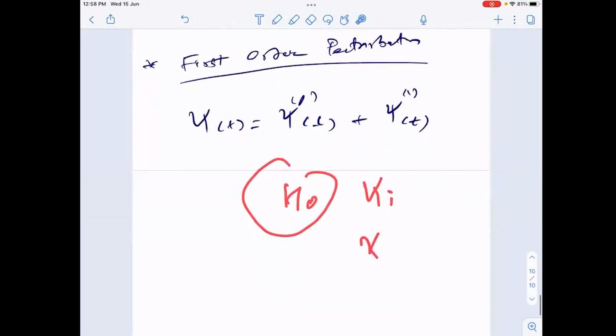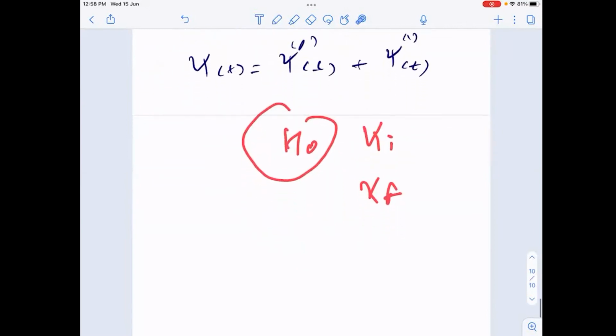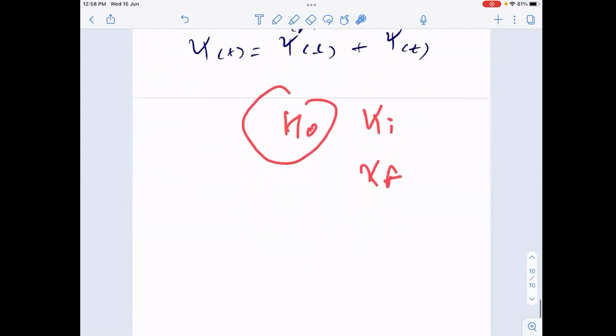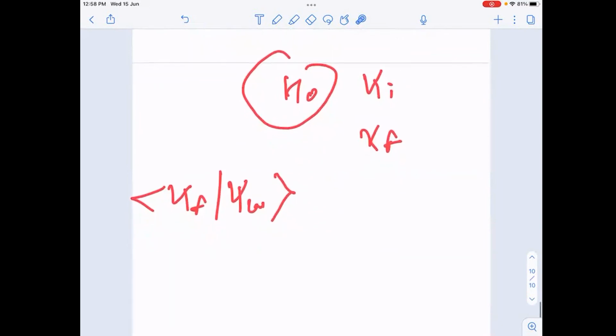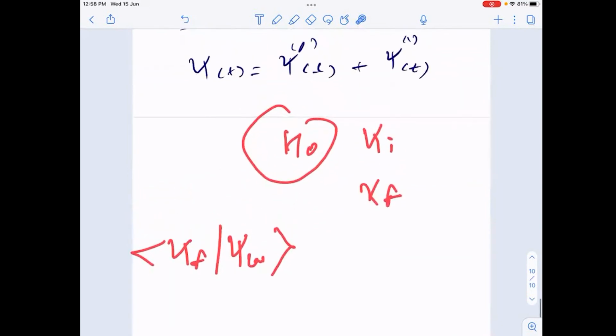And then it is psi f after the perturbation. And then you will begin with the transition amplitude. So you will write the bracket notation of psi f, psi t, right? What is happening? And then you will introduce your unitary operator here, but you will be using it just for the operation purpose only.